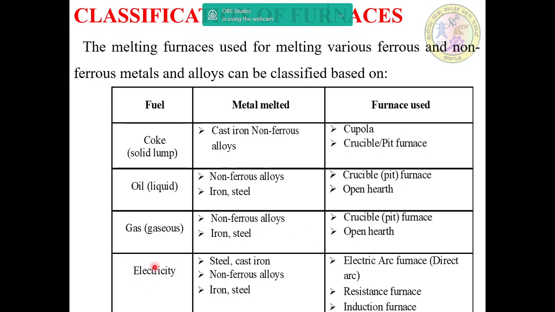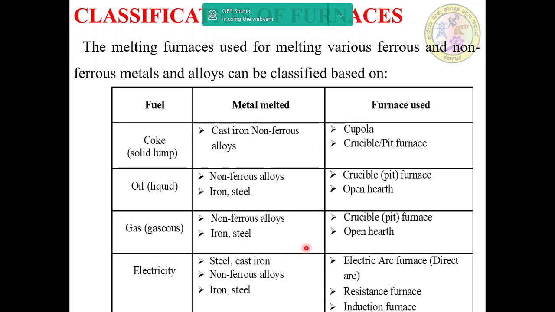And then the input fuel may be electricity. For steel and cast iron we can use the electric arc furnace, also known as the direct arc method. For non-ferrous metals and alloys you can use the resistance furnace, and for iron or steel you can use the induction furnace.